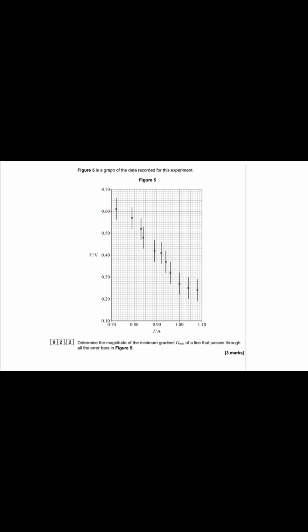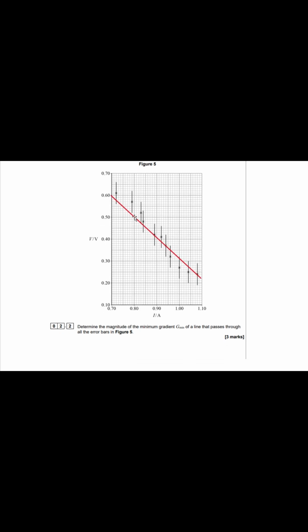When I say everything, I mean in terms of the error bar. So if I just start you off, obviously you've got a ruler. If I drew that, that is not acceptable because I haven't gone through this one. So I'm just going to adjust this. Obviously you use your ruler, and this probably is not far off actually. Yeah, still missed it. So I'm trying to get the extreme of this one, and the tip of this one.